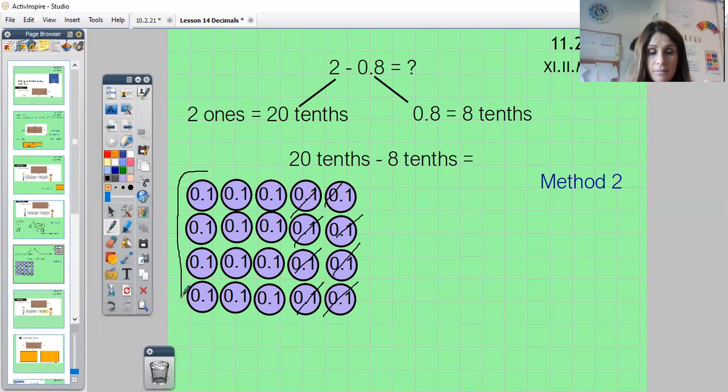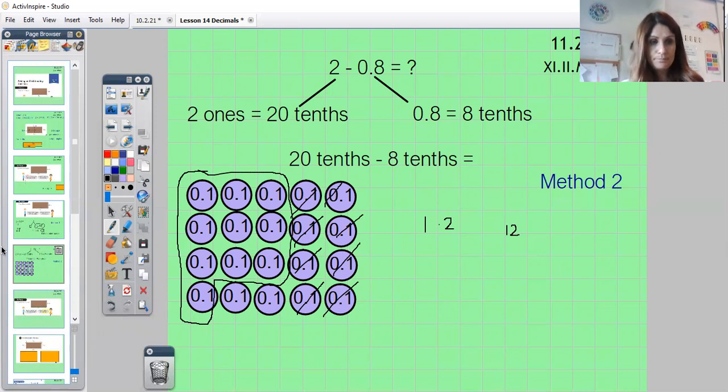Well, not 10, sorry, one whole. So that here is not 0.10, remember, it's 1. Okay, and then we've got 0.1, 0.2, so it's 1.2. Okay, 12 tenths. 12 tenths is 1.2.